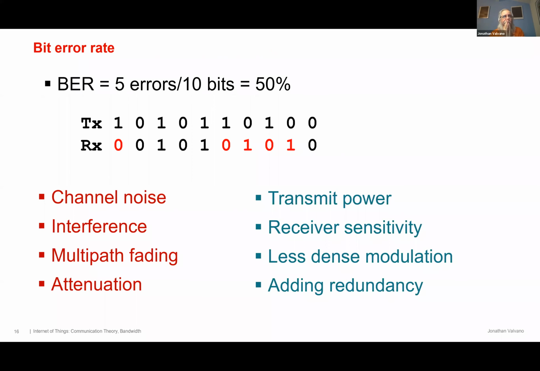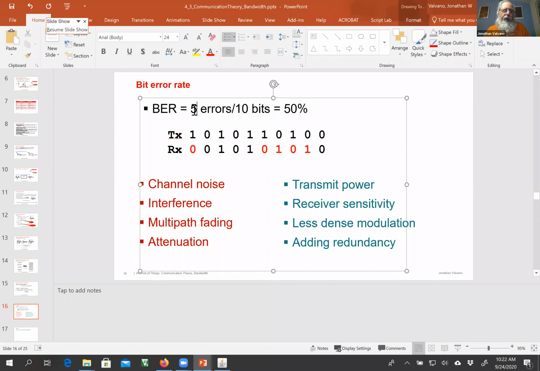All right, a couple more topics here in this chapter before we go on to the fun stuff in the next chapter. They define bit error rate, which is a probability that you get an error. The example in the book is crappy. Why did they do 5 errors? Let's do 4 errors.